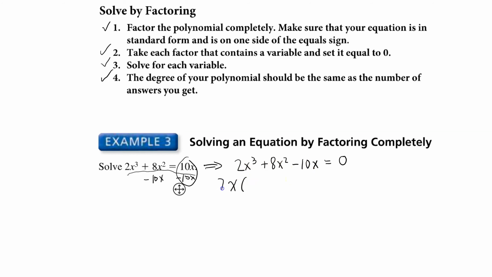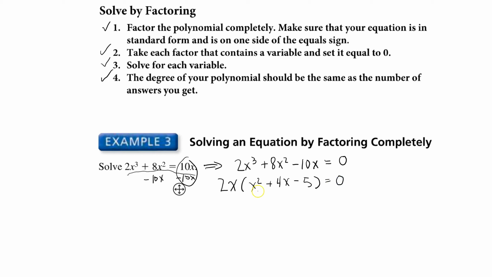So I can take a 2x out, and then I'm left with x squared plus 4x minus 5. With each of these terms, I'm thinking, what do I take out? 2x times x squared is 2x cubed. 2x times 4x is 8x squared. And 2x times negative 5 would be negative 10x. I'm going to set that equal to 0 still.